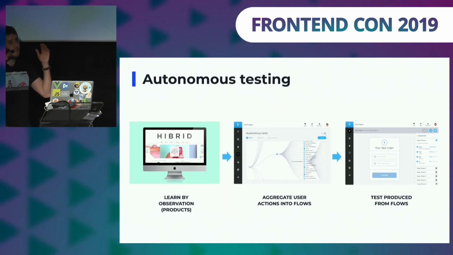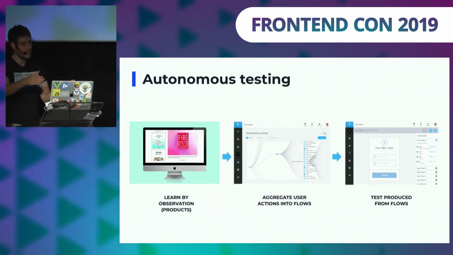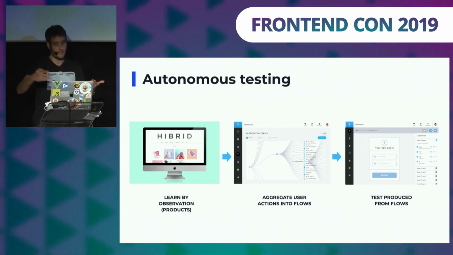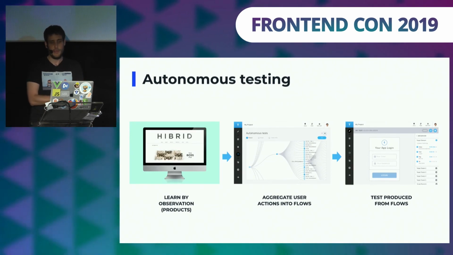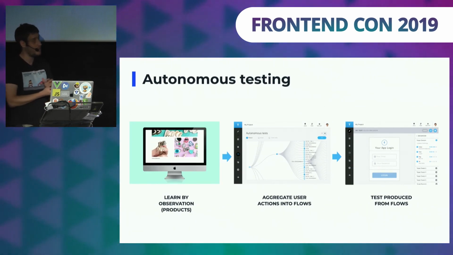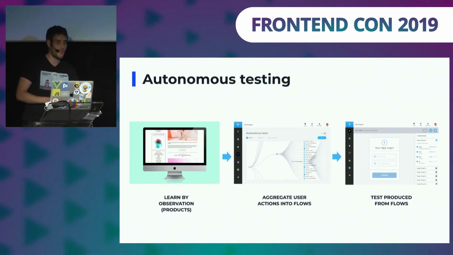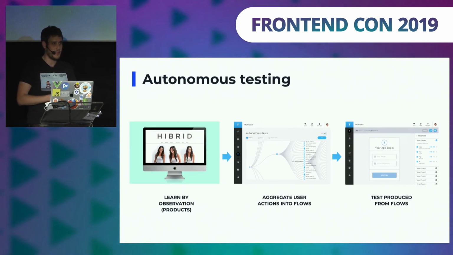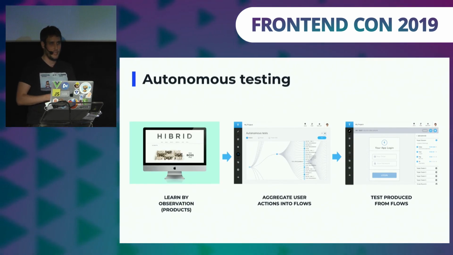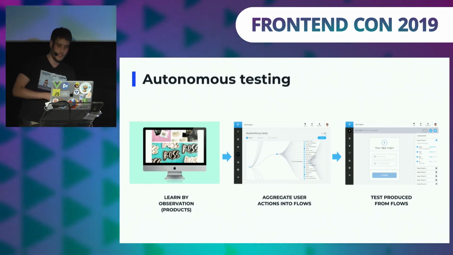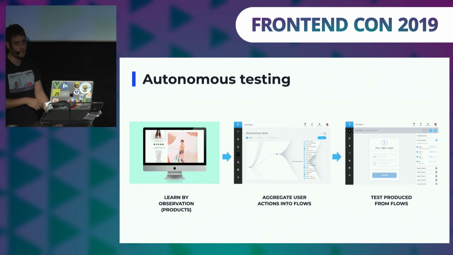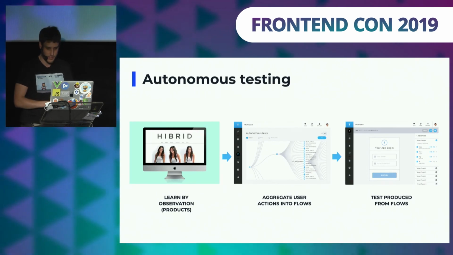We just take that data and the user flows, and we generate the end-to-end tests based on them. And I think there is a very low chance this won't be a part of how software testing and end-to-end testing will look in 5 to 10 years. This will be an integral part of how we write our end-to-end tests.